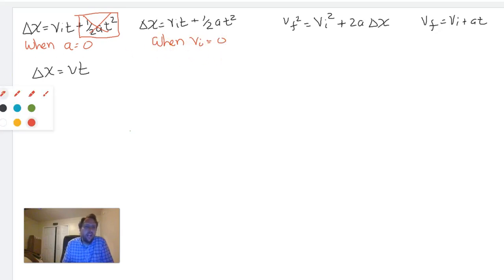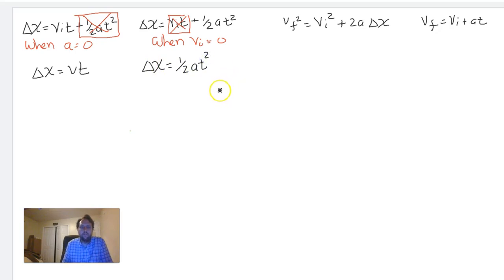What happens when v_i equals 0? Well, this part would go away, and you'd be left with just the rest of the equation. So delta x would equal 1/2 a t squared. And then we got the other two, which I'm not going to modify right now.